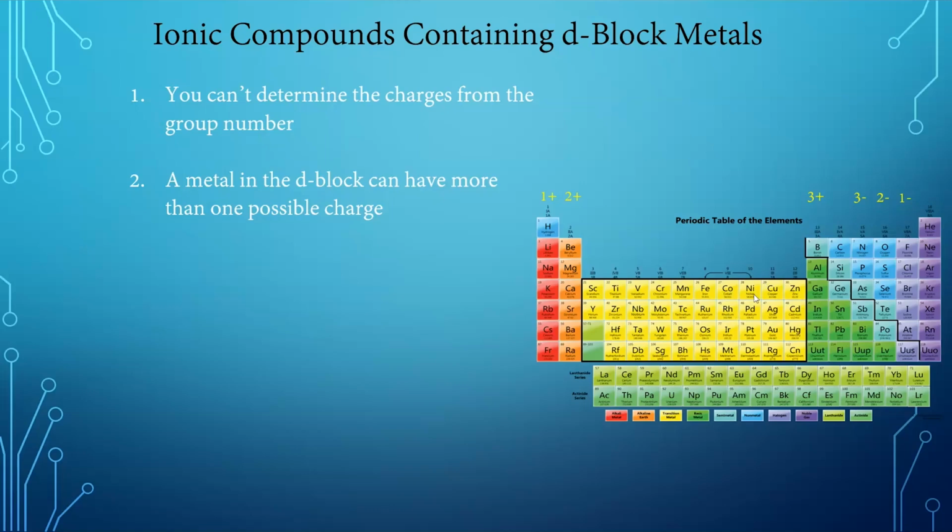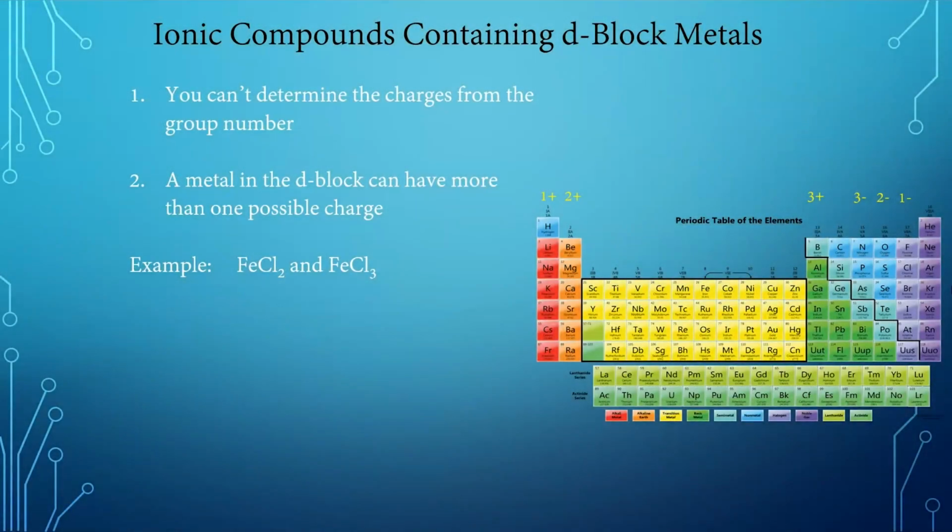For example, nickel can have a charge of +2 or +4. That, of course, has nothing to do with the number 10. Gold can be a +1 or a +3. You cannot get that information from the periodic table, so we have to find another way to determine that information.